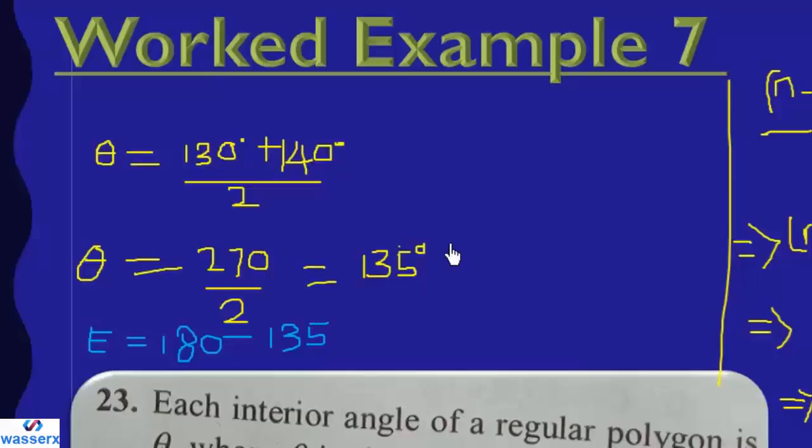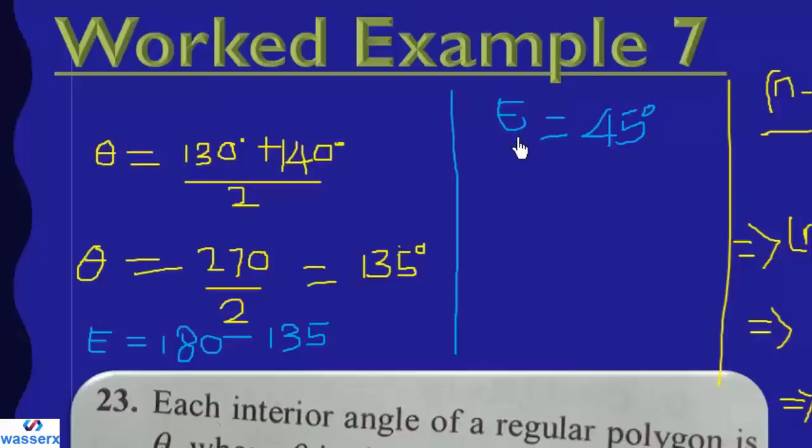So 180 minus 135 will give us 45. So E is equal to 45 degrees. Now I'm using this one so that we can see how we can use the other formula.